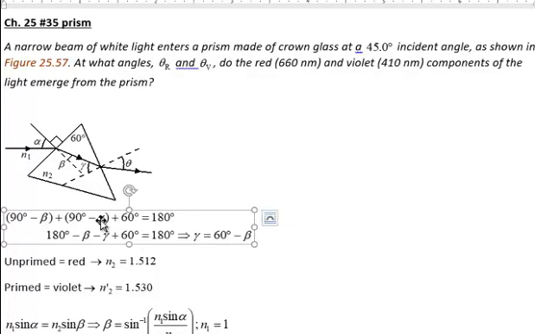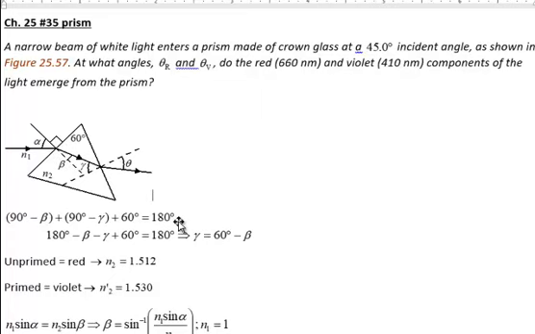So the first relationship right here, this is where they use the geometry for these kinds of triangles and figure out, okay, we have an inside angle of beta and an inside angle of gamma, and how does it relate to the right angle that we have here for the optical axis, and then this corner angle here of 60 degrees. And they come up with this one here saying that once you have beta, all you need to do with it is subtract it from 60 degrees.